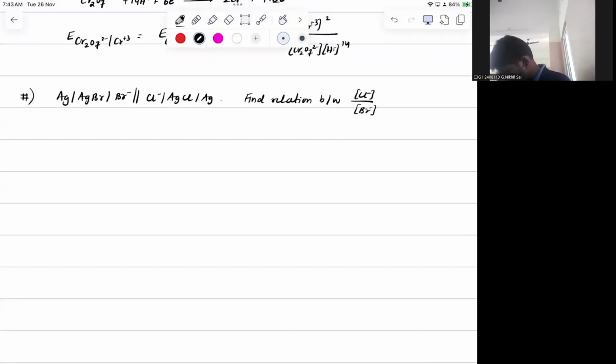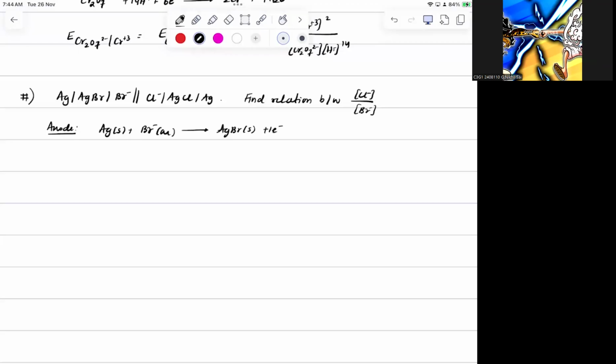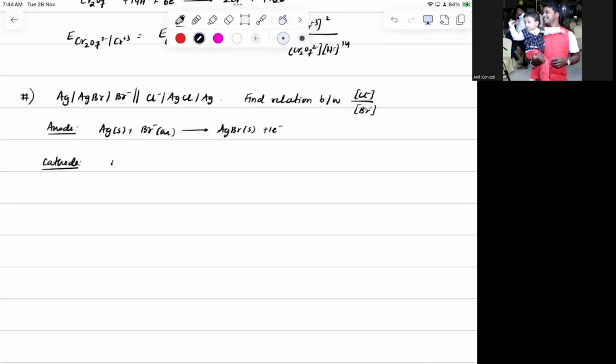First, you have to write the anode. Anode here is Ag solid plus Br minus aqueous becoming AgBr plus 1 electron being released. At the cathode, AgCl plus 1 electron converts into Ag solid plus Cl minus aqueous.